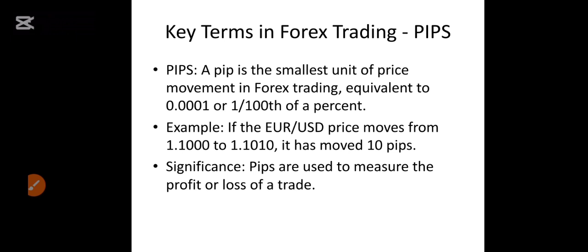Example: if the Euro USD price moves from 1.1000 to 1.1010, it moves what? 10 pips. If you progress in the class, I will show you something at the end of the class, probably what this thing means there.